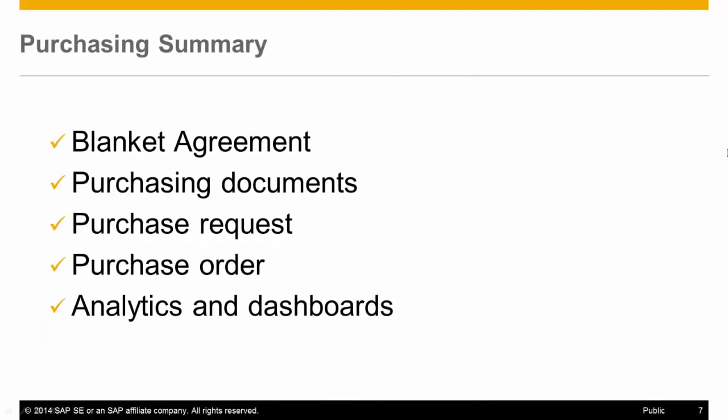In this demonstration, you have witnessed how to effectively manage your purchases in the company. We started with the blanket agreement and the creation of all purchasing documents following it. In the second scenario, we've seen how SAP Business One can automate purchasing processes by using the purchase quotation wizard to create multiple documents while generating an email to your vendor for immediate updates.